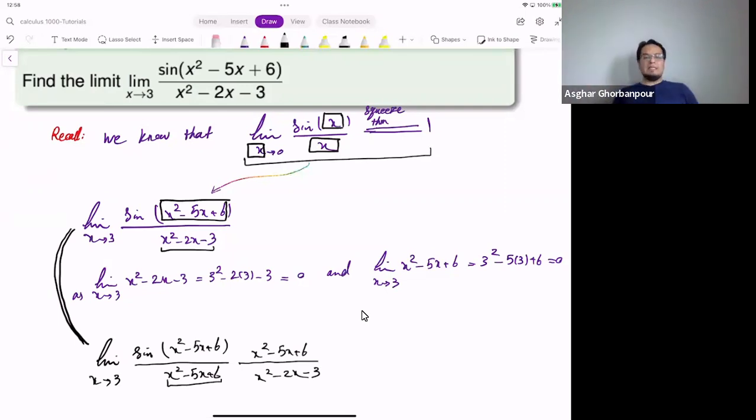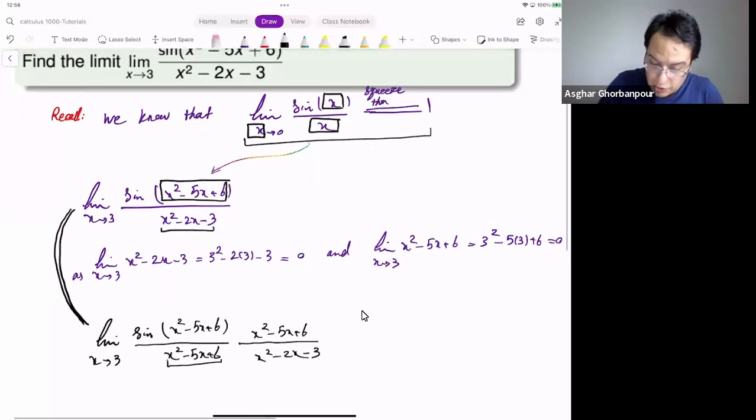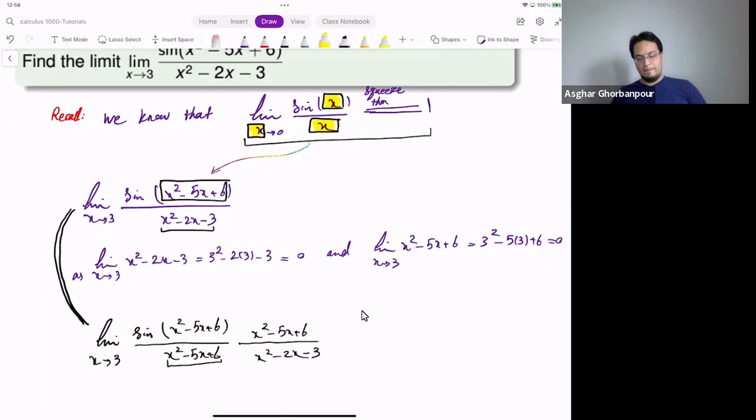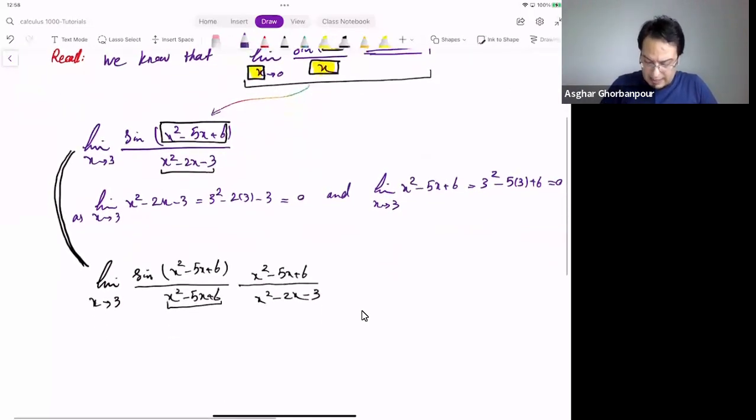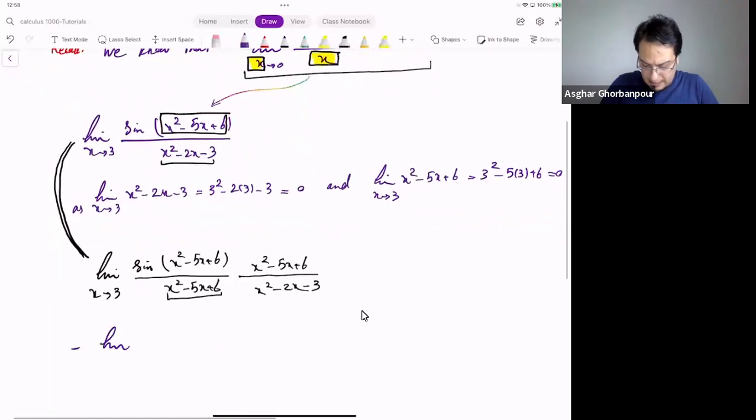I'm doing all these things because I want to generate this pattern, sine of something over that thing as that thing goes to 0. I'm almost there. If I can compute the limits of each piece separately, then I am good.